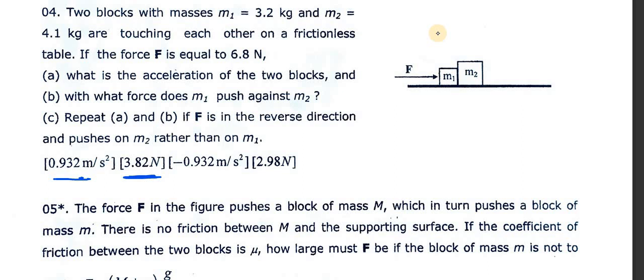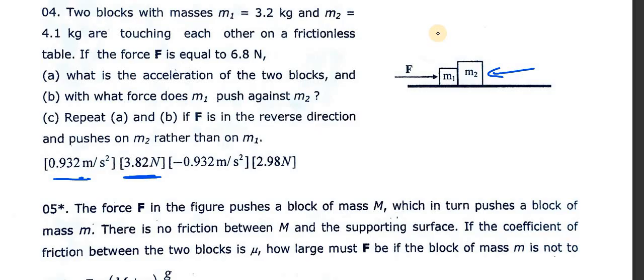Then if we switch this, they're saying repeat A and B if F is in the reverse direction. So if it's in the reverse direction, meaning we're going in the other direction, our acceleration will be the same but just negative, because acceleration is a vector, and whenever you change, you're going in the negative x direction.